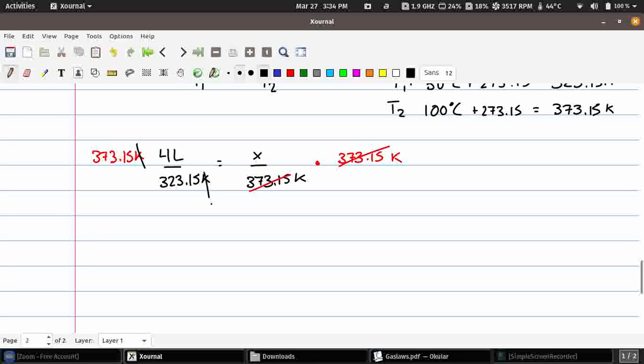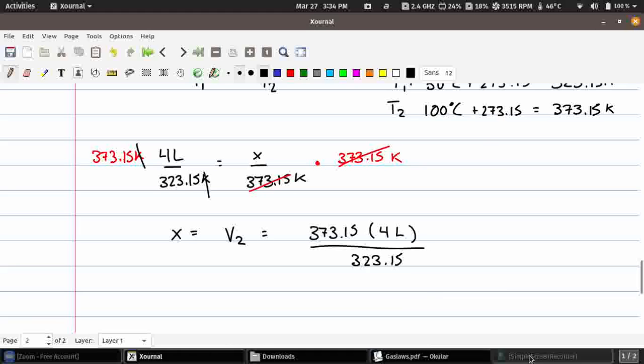So what we have is X is equal to volume 2, which is equal to 373.15 kelvins times 4 liters, so we've already canceled the kelvins out, divided by 323.15.